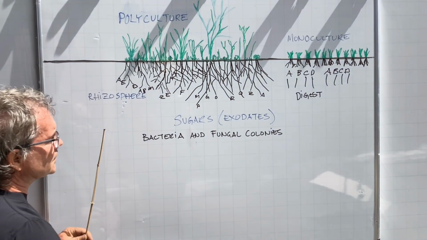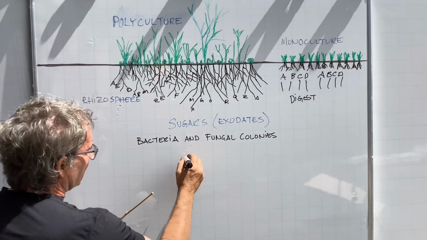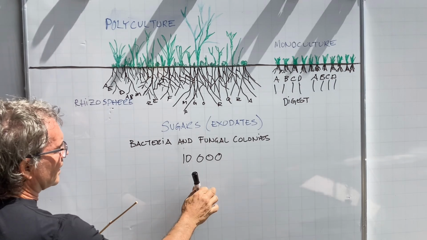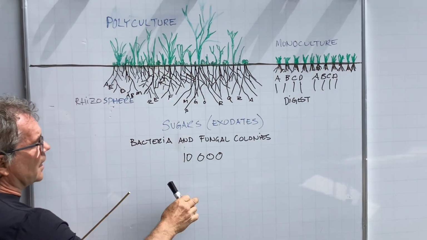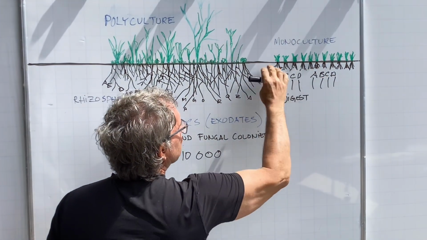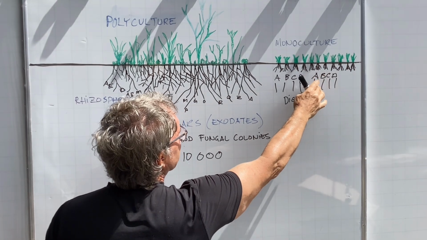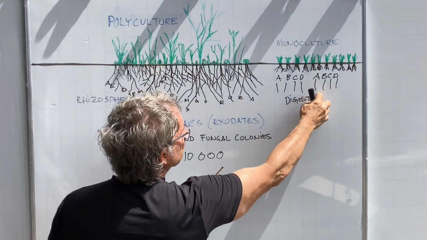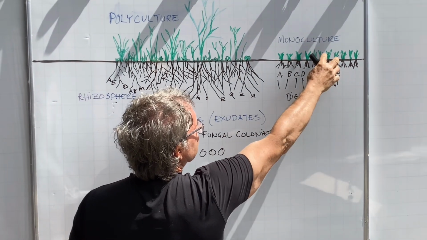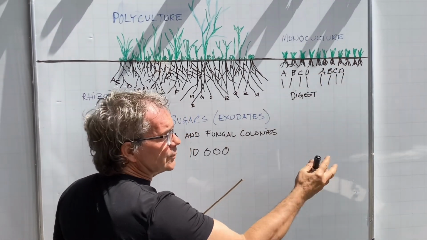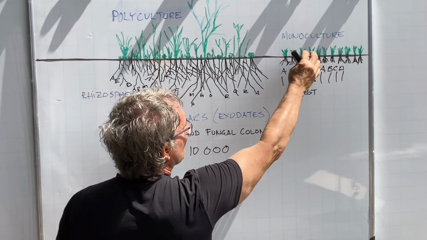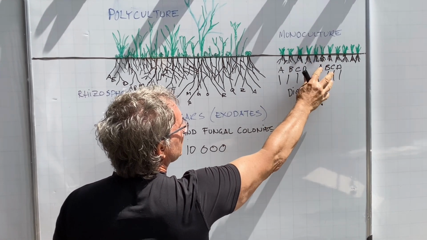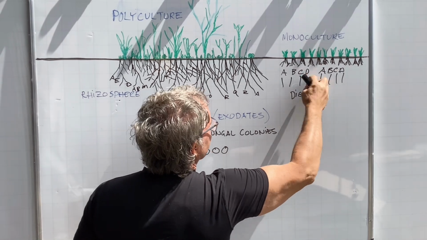And what happens is we have up to 10,000 different bacteria and fungi in the soil. And if you have a very limited sugar that's being advertised to these guys, then your soil doesn't get conditioned biodiverse. It's not diverse. The soil is very sterile, very organized in a very small pattern.